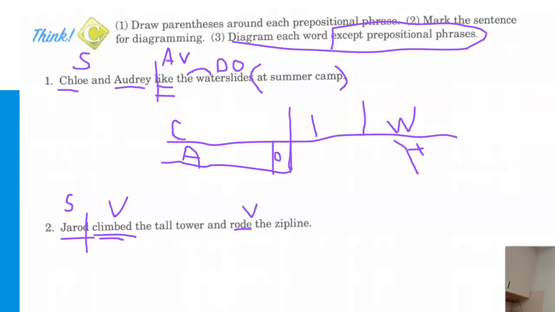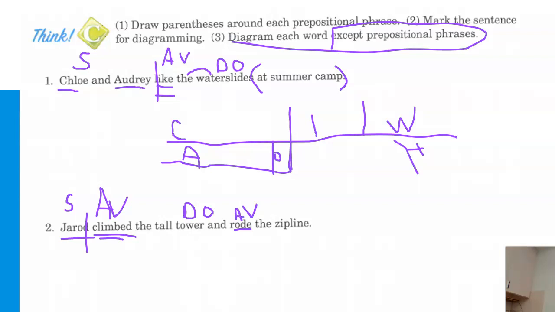Now, he climbed what? He climbed the tower. What does that make tower? Because we have an action verb, that makes it a direct object. Rode is what kind of verb? Rode is an action verb.